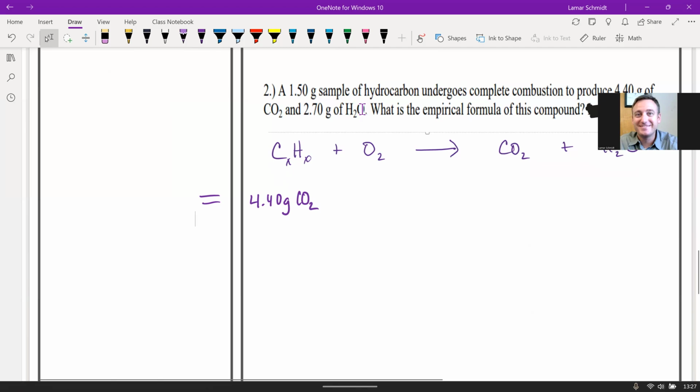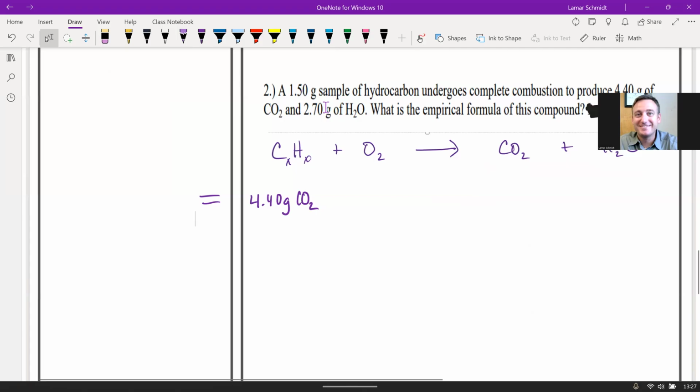Or would water be a better substance to find moles of carbon? Let me ask you this: does carbon dioxide have carbon in it? Oh, so you could stand to reason that you could determine the number of moles of carbon.